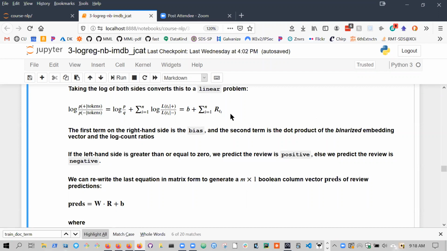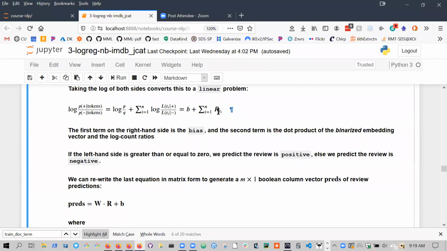So what is true here is that this thing here is basically the dot product of the log count ratios with the binarized embedding vector. And that's what I've got here, where W is the binarized embedding vector and R is the log count ratios. If you take W dot R, you will get the sum of all the R terms for a given review. Does that make sense?